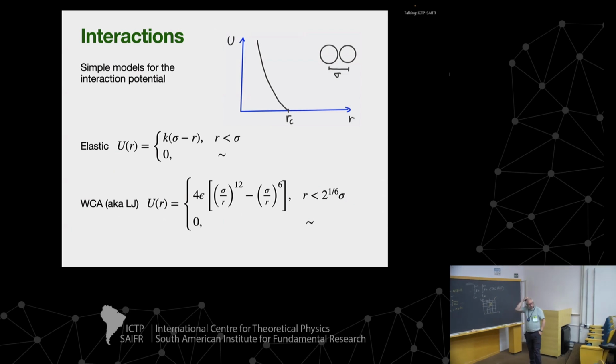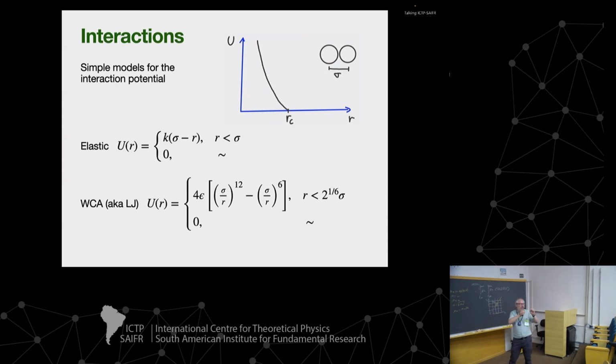So those are the two models that we're going to talk about. We have spheres with a diameter sigma. And we said that they're going to interact when the distance between the two centers is of the order of the diameter. So the simplest model for the potential is the elastic potential.